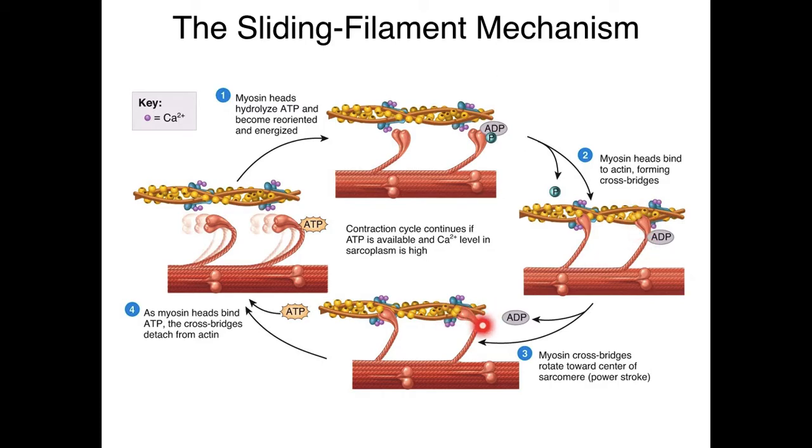Here the myosin is rotated more in. We just moved a few microns in. So that was the pull. The pull is actually caused by ADP leaving. This is called the power stroke. So ADP unbinding from myosin causes the power stroke.